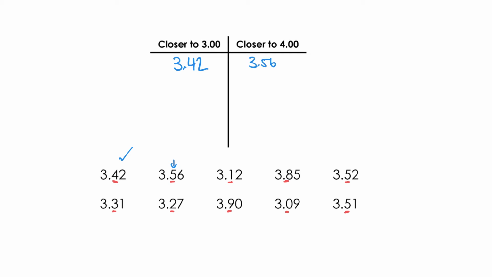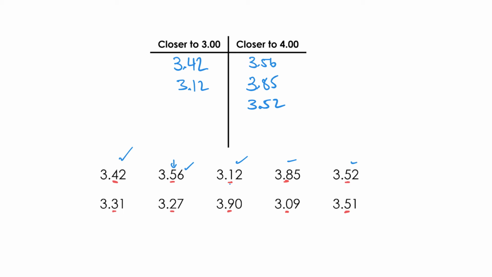This goes into this category here. 3.12, the 1 tells us to go down. 3.85 tells us to round up. 3.52, the 0.5 tells us to round up.